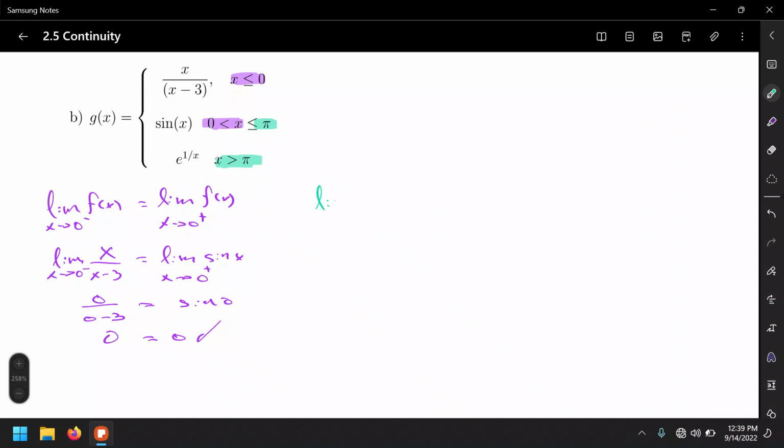Let's see if it is the same case on the other side. That is, the limit of f of x equals the limit of f of x whenever x approaches this time the other center, which in this case is pi from the left, pi from the right. And let's check. Number one, limit of sine x, limit of e to the 1 over x, x approaching pi from the left, from the right.